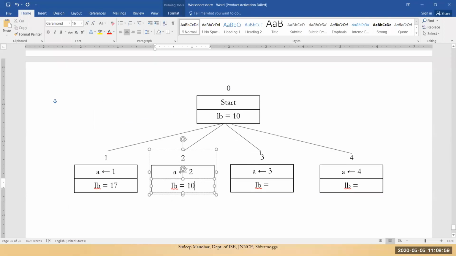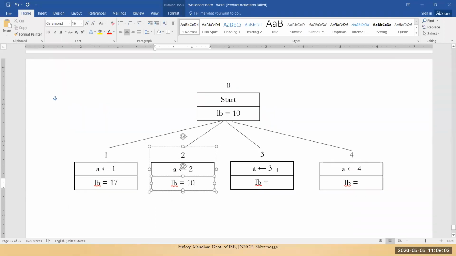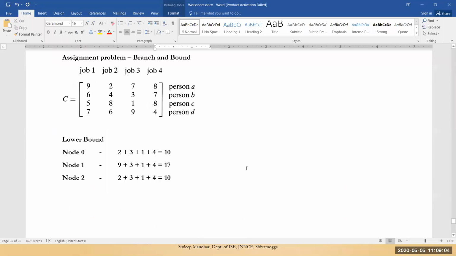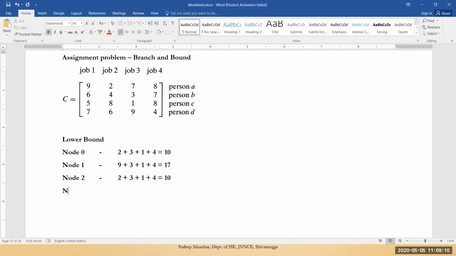For node number 3, node number 3 means A is allotted with job 3. A is allotted with job number 3, that is 7 you have to consider. Plus 7, job number 3 is 7. So 7 plus, what about B, the minimum? 6, 4 and 7.